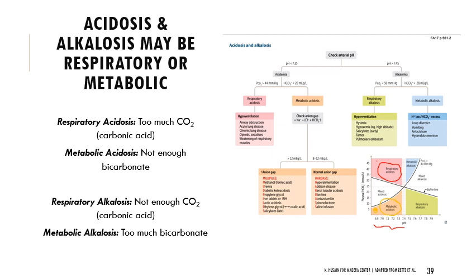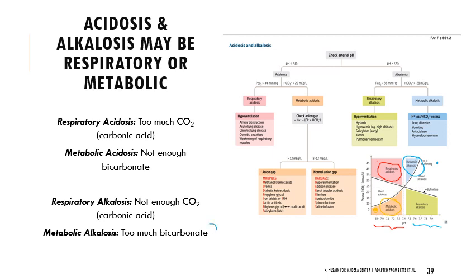For alkalosis above 7.45, when we have high levels of bicarbonate, that's metabolic alkalosis. So we have this high pH range and high levels of bicarbonate.